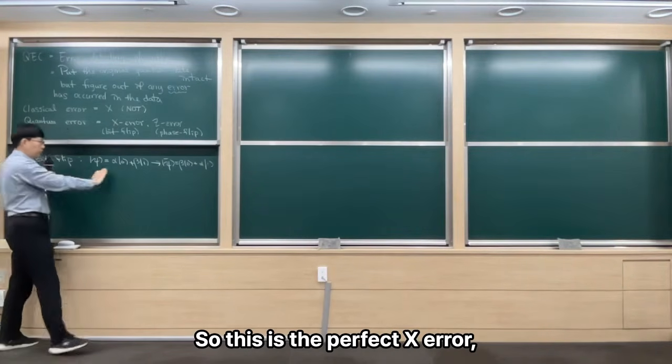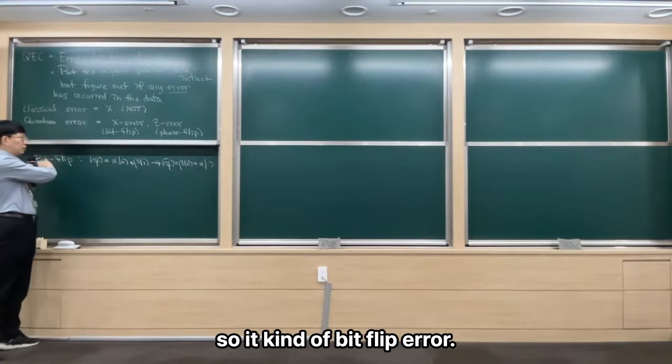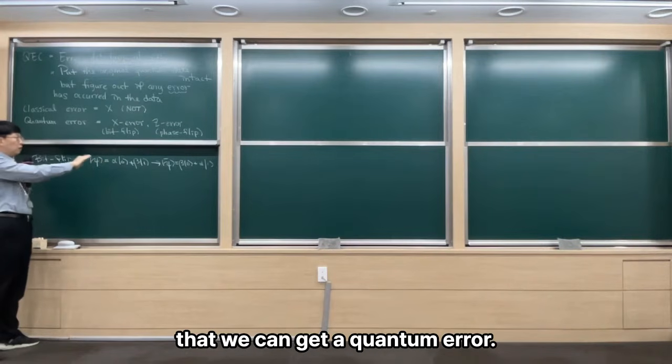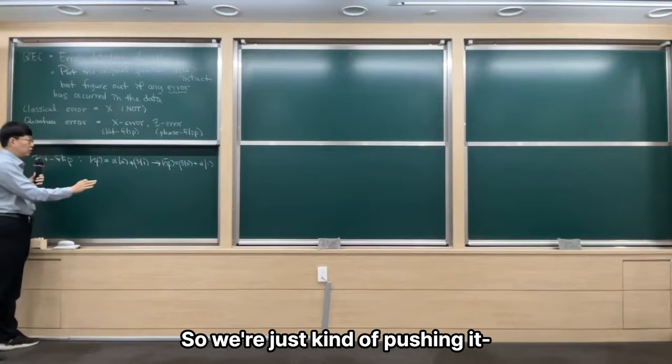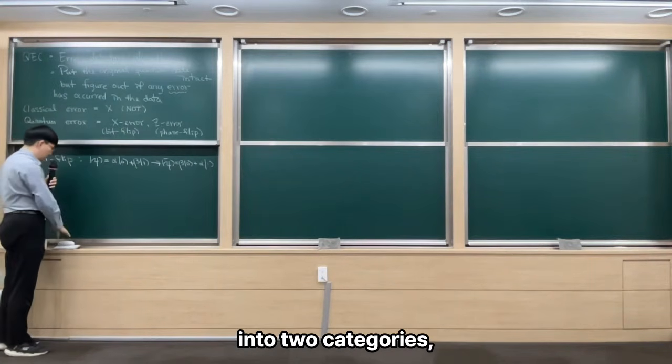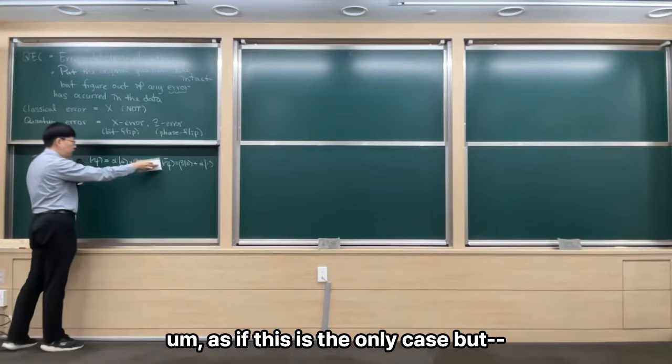So this is the perfect X error, a bit flip error, but I'm not saying this is the only case in which we can get a quantum error. We're just pushing all the types of errors into two categories, as if this is the only case, but we don't know.